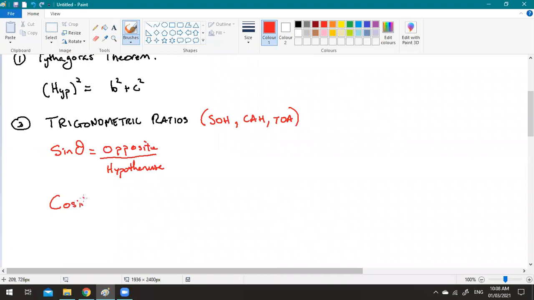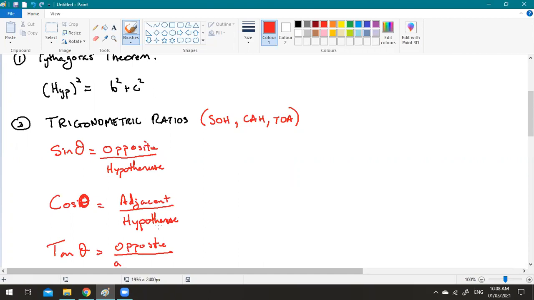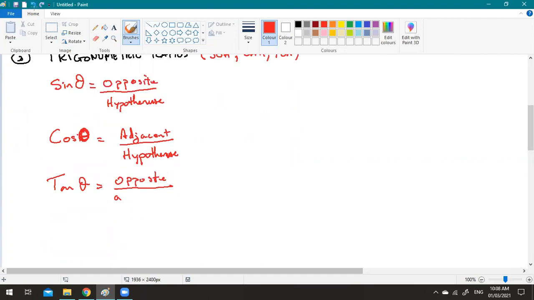Cosine of the angle, or cos the angle, is equal to adjacent over the hypotenuse. And then tan of the angle is the opposite over the adjacent.